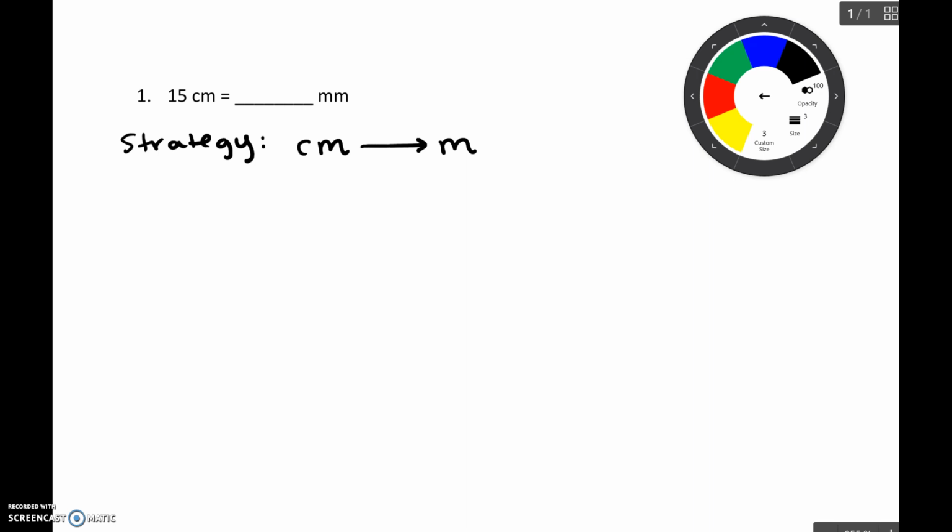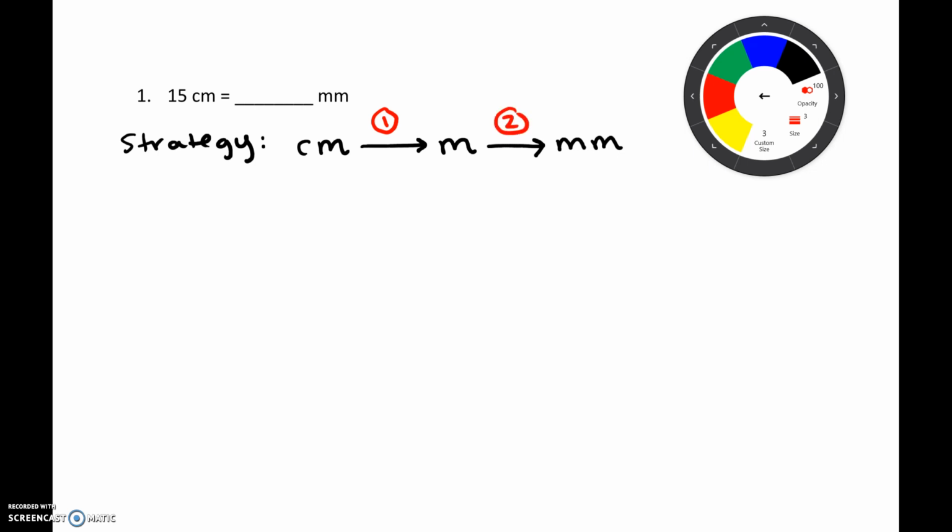This is the base unit without any prefix. I'm doing this as my first step because just by using that definition of centi, I can get a relationship or an equivalence between centimeters and meters. In my second step, I'm going to go to the new prefix and I'm going to convert meters into millimeters using the definition of milli, and that will be my second step in this type of problem.